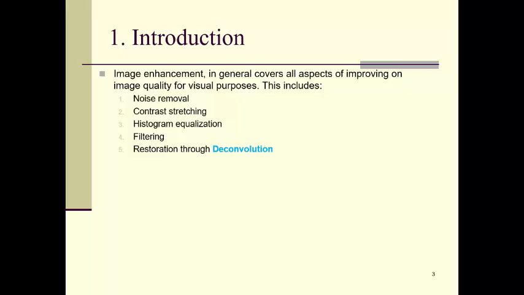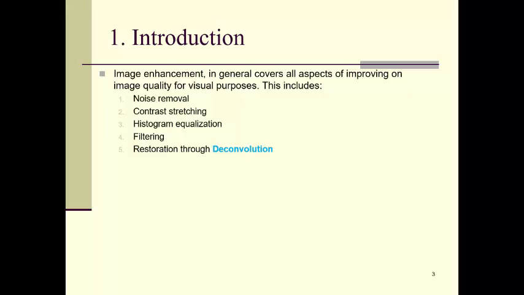So here for the introduction, when we talk about image enhancement, we say that it is not limited to one aspect, okay? We say that it covers all aspects of improving the quality of an image for visual purpose, to make the image much more perceivable. And this image enhancement may include, for example, noise removal, as we have seen before, okay?